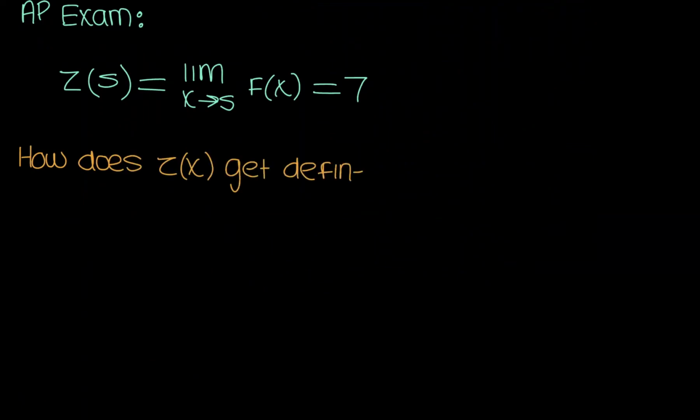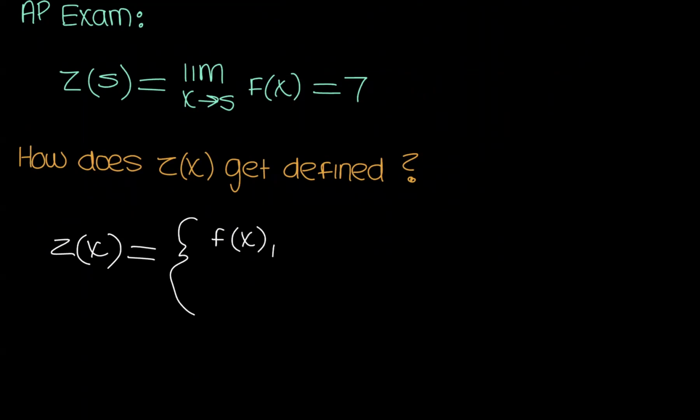One of the ways we can do this is with a piecewise function. Now, my notation may vary. I'll start using consistent notation, but the one I'm about to show you is just fine. We're going to say that z of x is going to equal a piecewise function: everything of f of x except the case where x equals 5.